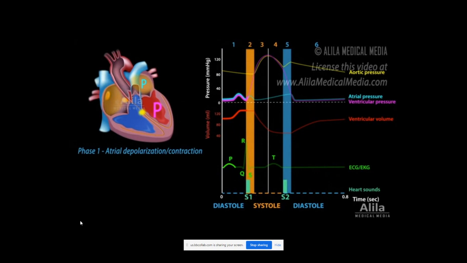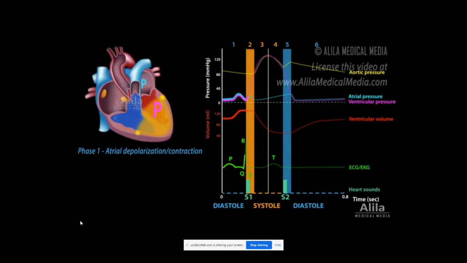At this point, ventricular depolarization, represented by the QRS complex, is halfway through, and the ventricles start to contract, rapidly building up pressure. For a moment, however, the semilunar valves remain closed, and the ventricles contract in a closed space.